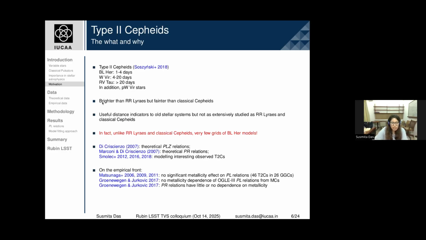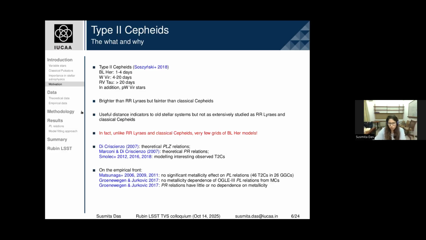Now here I would like to say, as a repetition, that type 2 Cepheids are brighter than RR Lyrae but fainter than classical Cepheids. They also obey period luminosity relations similar to other classical pulsators. However, when we started this work back in 2019, 2020, surprisingly, as compared to hundreds of grids of models that were available for RR Lyrae and classical Cepheids, there were very few grids of BL Her models, or in fact type 2 Cepheids.